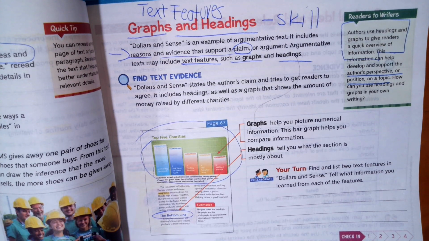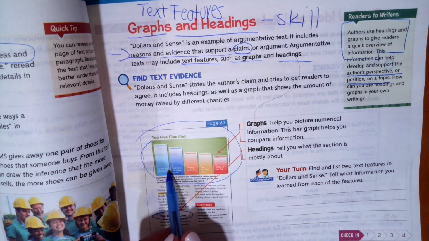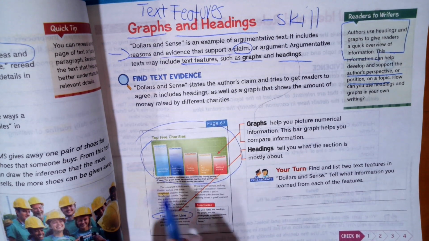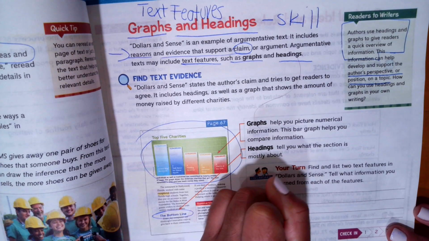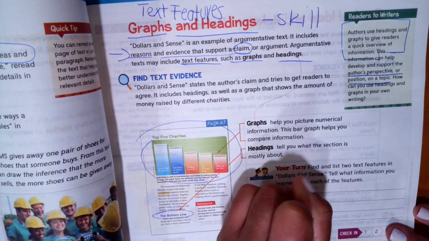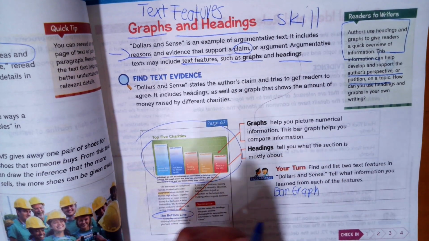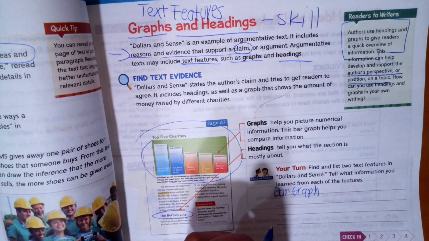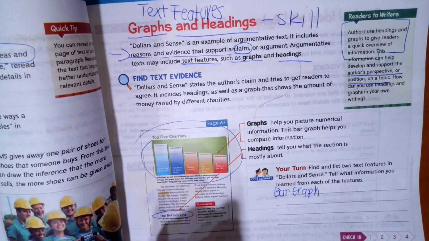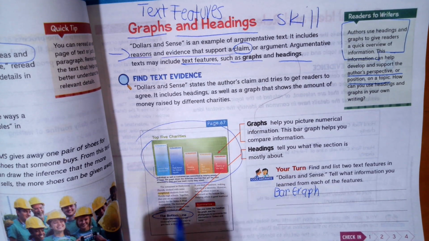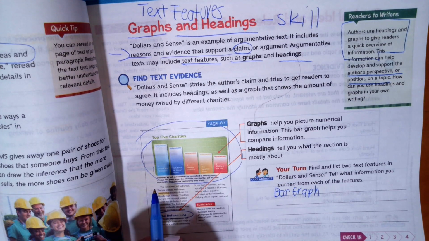Find and list two text features in Dollar and Cent. Tell what information you learned from each of the features. So here we're going to talk about a bar graph. We're going to go ahead and write that. So a bar graph, what information we are learning about each of these features.